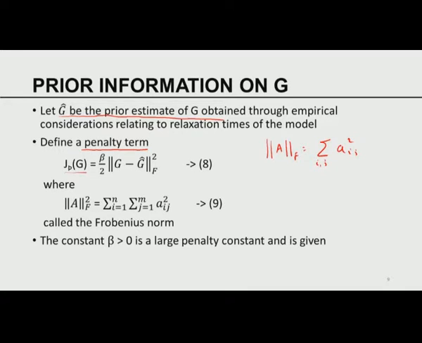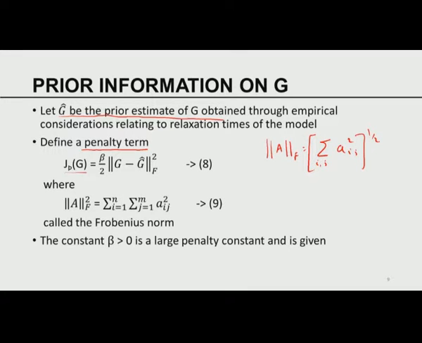It is something like the Euclidean norm. I simply take the sum of the squares of all the elements of the object. If it is a vector, there is one set of objects; if it is a matrix, there is another set of objects. So it is simply the sum of squares, and the square root of that. That is called the Frobenius norm.